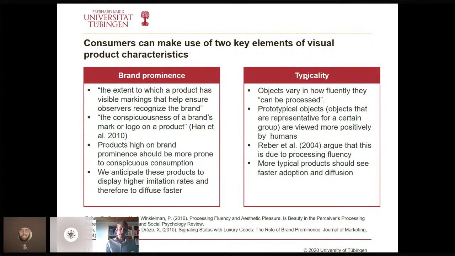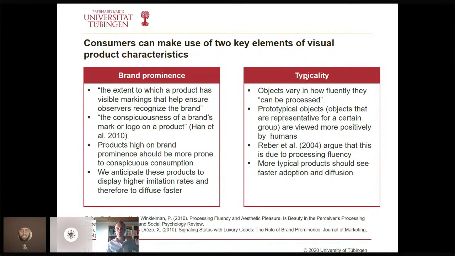We expect that these products that are high on brand prominence are more likely to diffuse faster in a population, because they will be imitated or can be imitated more easily due to the visibility of the brand. That is one construct, one concept.